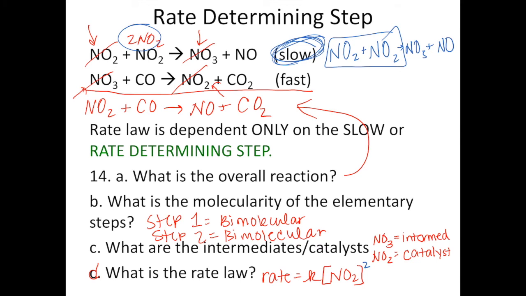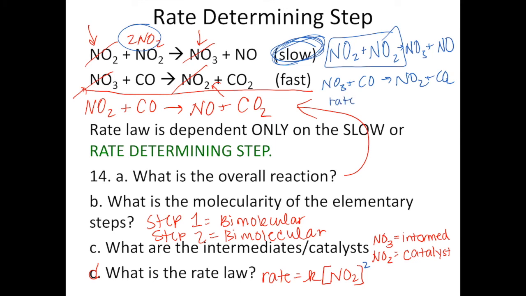And so the order of this is 2 because there are 2 NO2 molecules, and you can use it as your order. Let's say, for argument's sake, the other step was the slow step, right? So let's say that NO3 plus CO, let's say that was the slow step. It is not, but let's say it was.